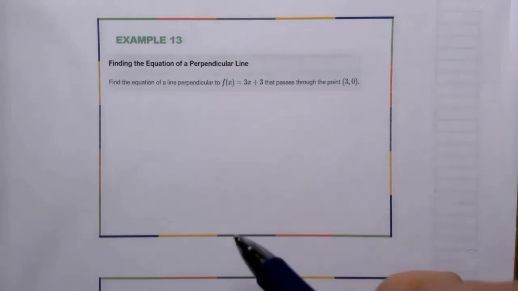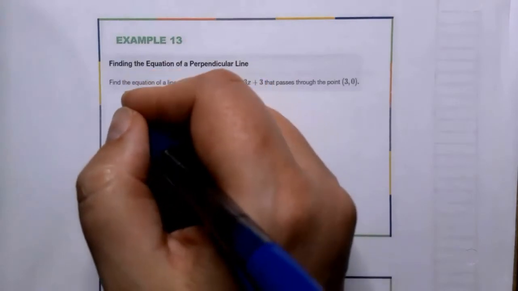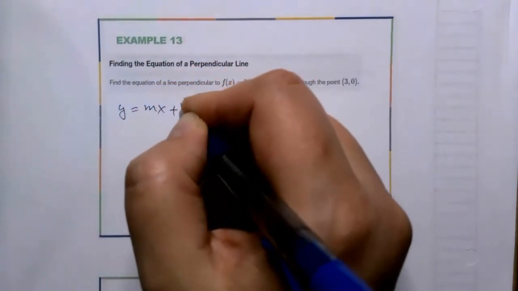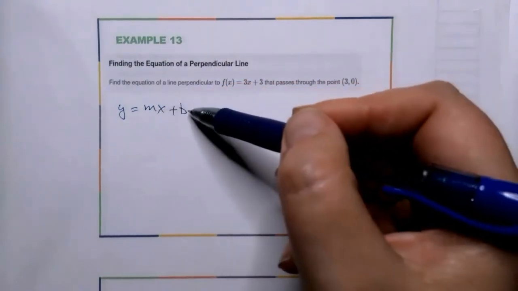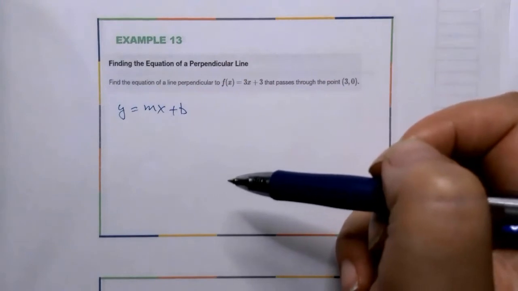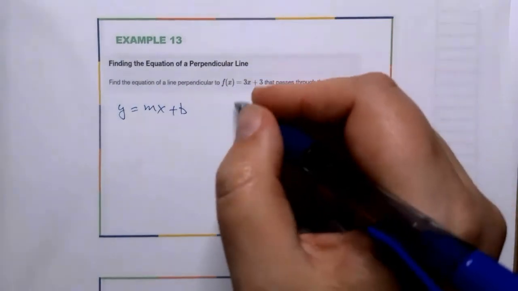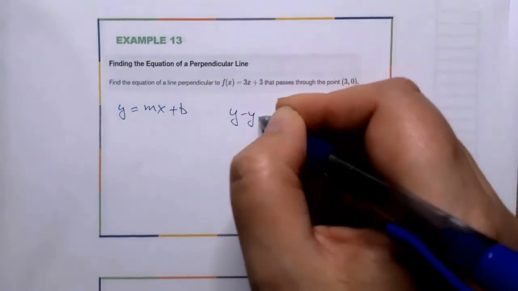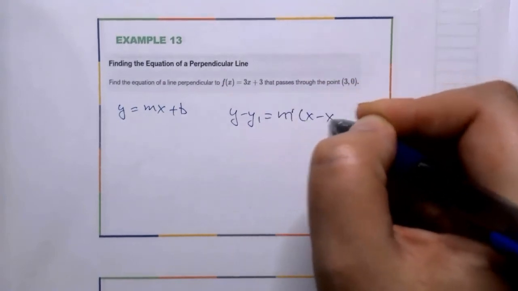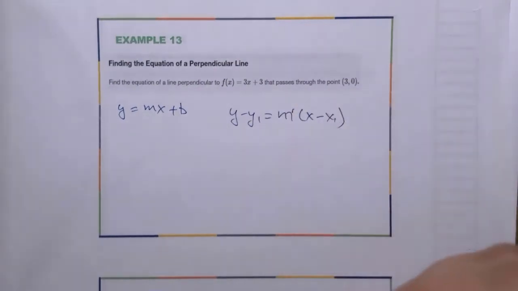If you have a slope and a point, then you could either use your slope-intercept form, if you have a specific point, a y-intercept. But if you don't, then you could use the point-slope form of the equation. Again, this equation takes any line.